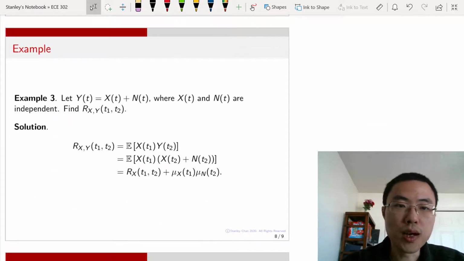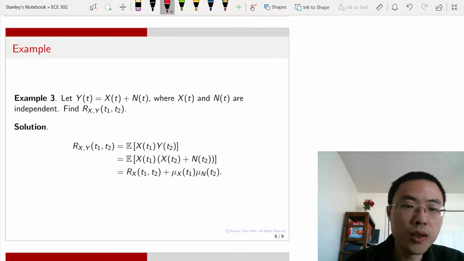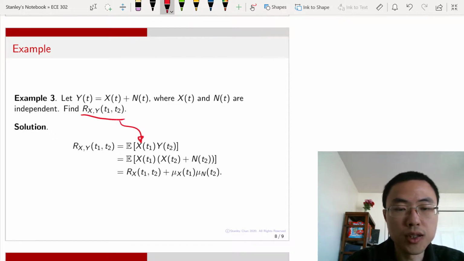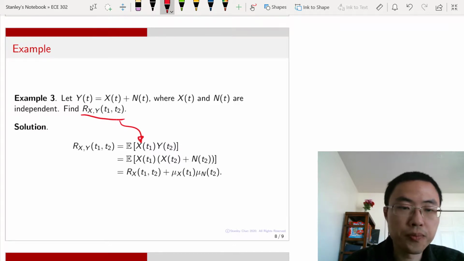Here is one example. Let x and n be two independent random processes, and then I define y to be x plus n. I want to find the cross-correlation function between x and y at times t1 and t2. According to the definition, the cross-correlation function is the joint expectation of x at t1 and y at t2.